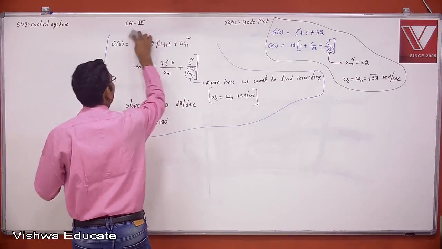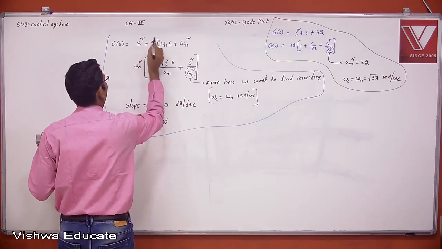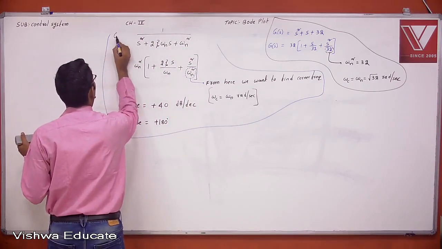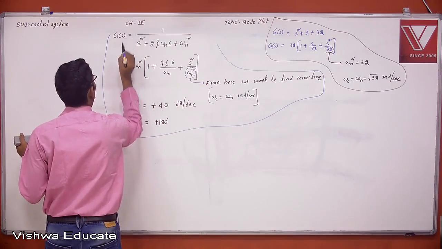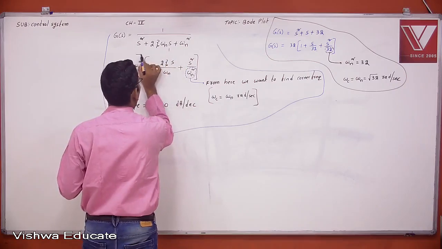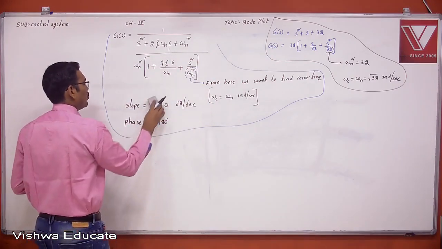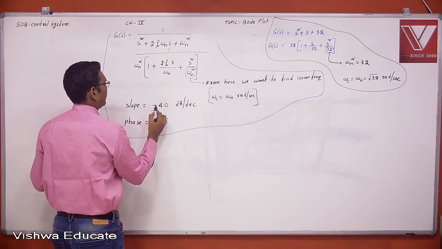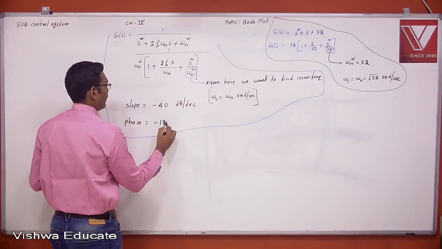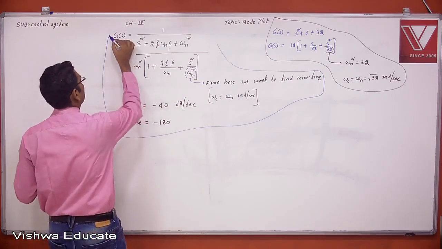Your answer will be the same. Once you understand zeros, you can easily find it for poles. Now this is a pole, this is your transfer function, 1 divided by the polynomial. The corner frequency is the same, but the slope is minus 40 dB per decade and the phase is minus 180 degrees. That is the only change because these are poles.